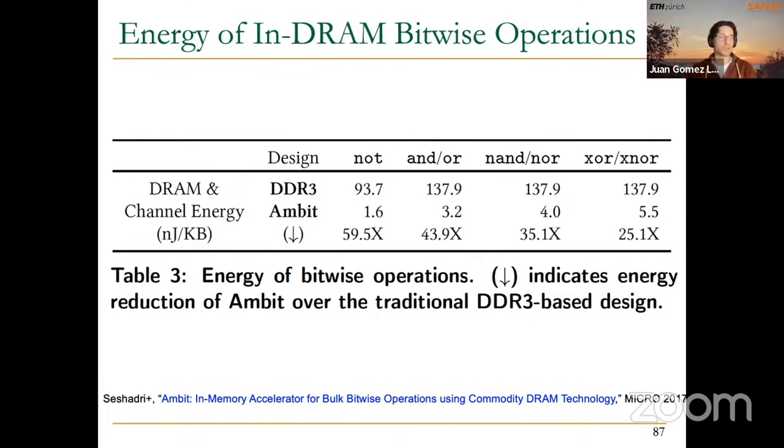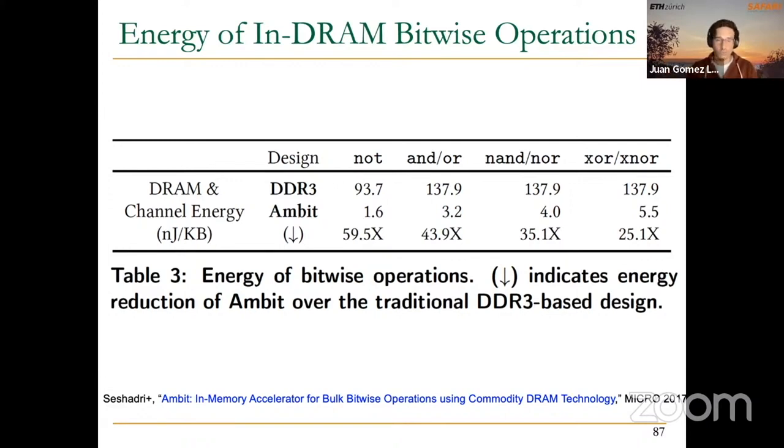This is super fast because it happens in just very few nanoseconds, on the order of 40 nanoseconds, and the copy is done. That's only possible inside the same DRAM subarray because these rows are connected to the same sense amplifier.